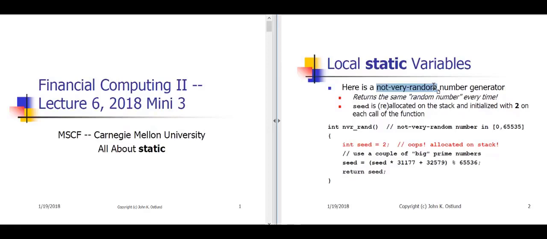Then we do a computation involving some prime numbers and return the new calculated value of seed. Unfortunately, as soon as the function returns, seed is deallocated from the stack, and so the next time we call this same nvrand function, seed is going to get recreated, initialized with 2, and we'll end up getting the same random number back over and over again.